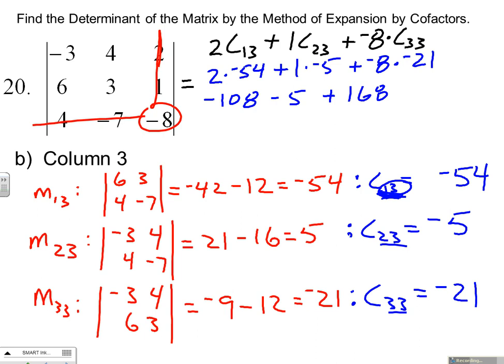How we doing there? We get negative 113 plus 168. Do I have a mistake here? And I end up with positive... where is my mistake? Negative 8 times 3, 3, 168.